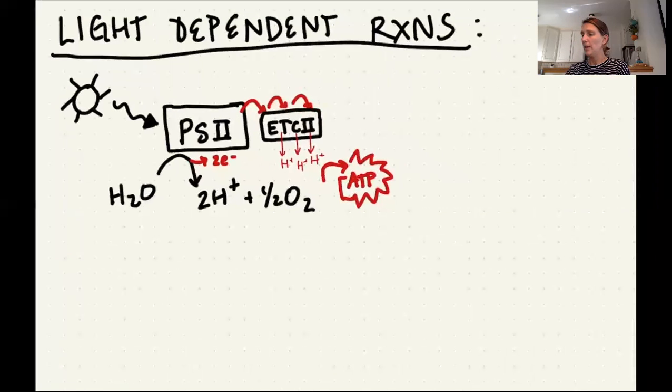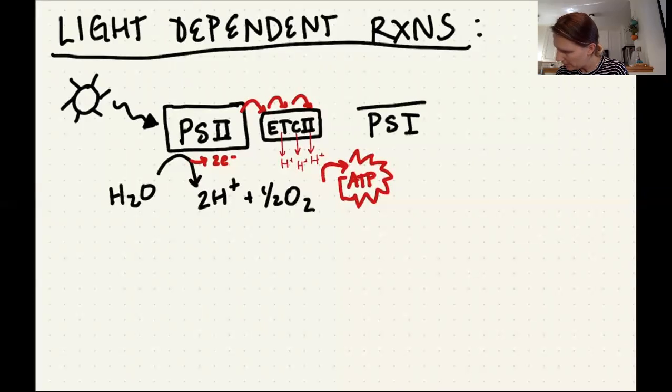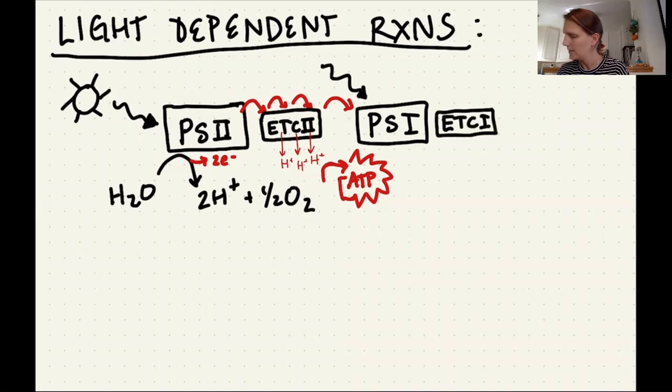All right, so however, we're not done. So those electrons are going to continue moving, right? And they're going to continue moving into PS1, photosystem 1. This is again energized by a photon of light. And that is going to cause those electrons to then move down ETC1, right?